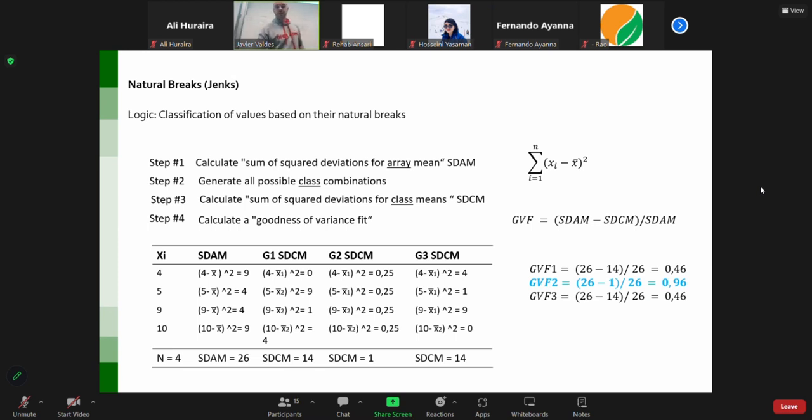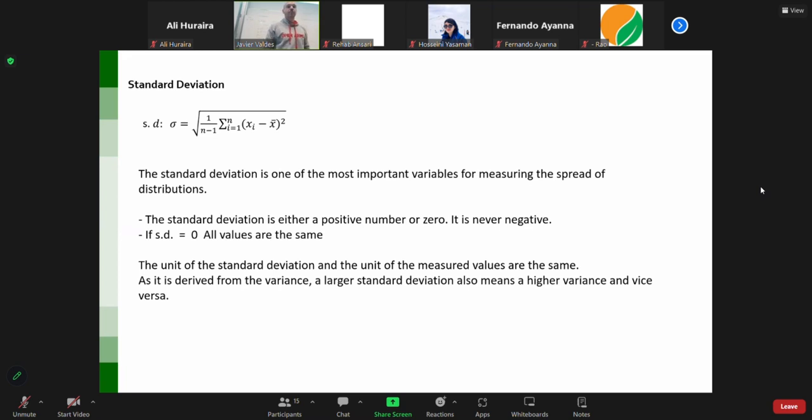Okay, great. Now, standard deviation. What is the standard deviation? It is exactly the same that we have seen before. So, we have the sum of the squares, which is equal to the sum of (xi minus x̄) squared, multiplied by 1 divided by n.